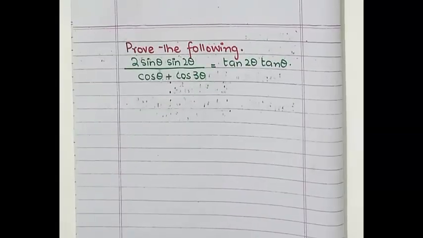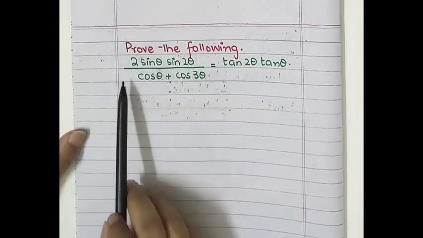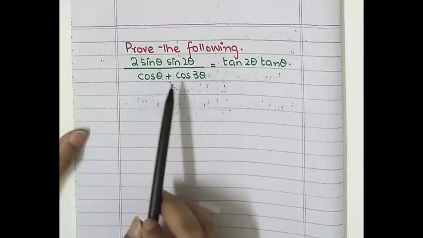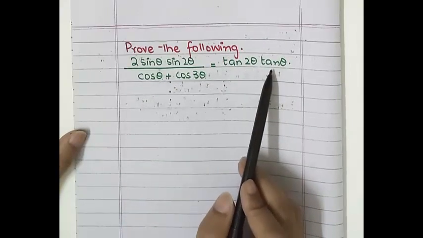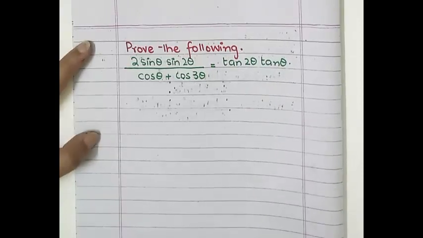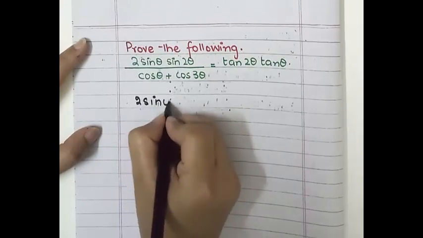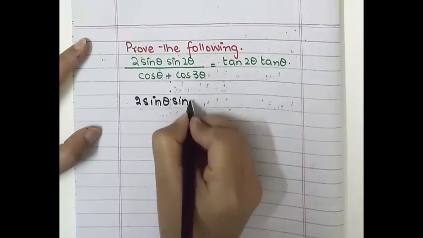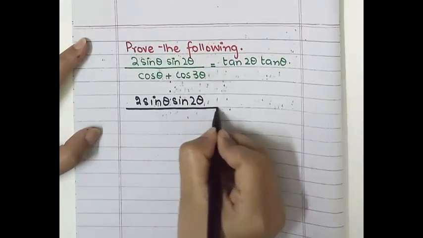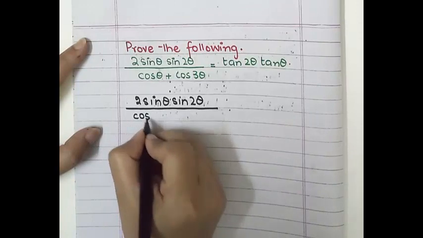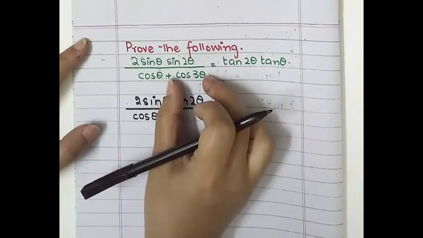Next question we have is, prove the following: 2 tan theta, sin 2 theta over cos theta plus sin 3 theta is equal to tan 2 theta into tan theta, right? So here we have 2 sin theta, sin 2 theta written as it is, divided by cos theta plus this is cos 3 theta.